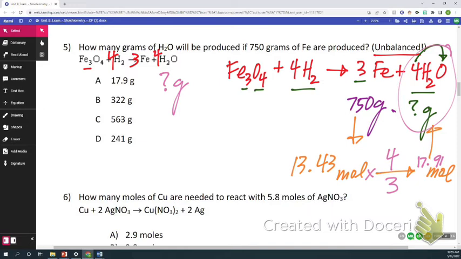And then you have to change that to grams, so multiply by the molar mass of water, which is around 18.02. And final answer, I get around 322 grams.